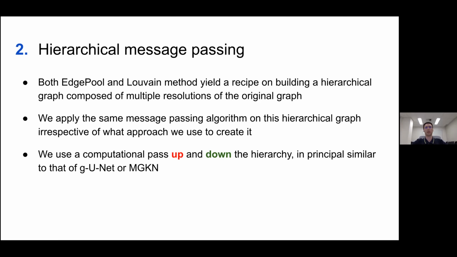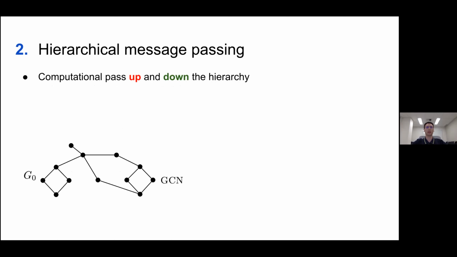So we have just one way of doing this message passing, and that is composed of computational paths up and then down the hierarchy, which is the same principle as was in the graph U-Net that I talked about a little earlier.